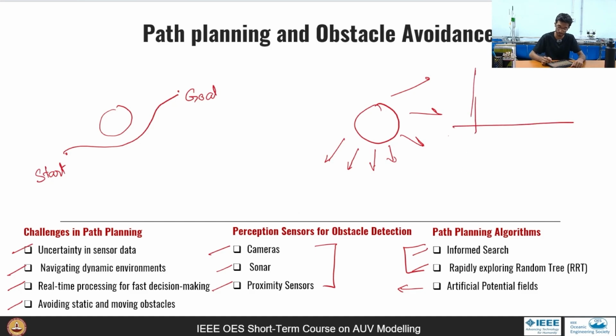Here, the idea behind the algorithm, I'm trying to simply explain it. Consider on the x-axis the distance of the AUV from the location of the obstacle. A typical APF field will have a variation of this sort. As you can see, closer to the obstacle, the value of the field is much higher, and further away, the value is much lower.